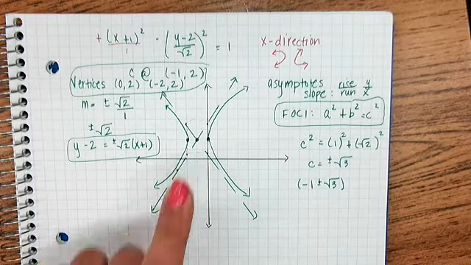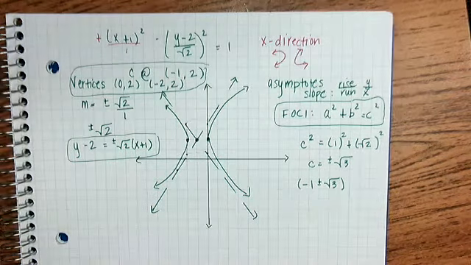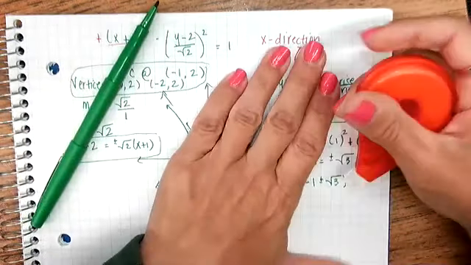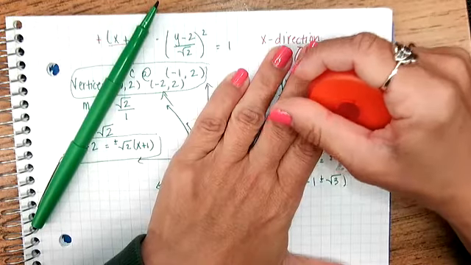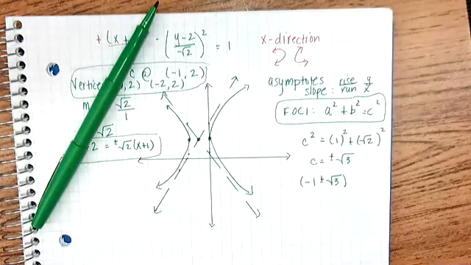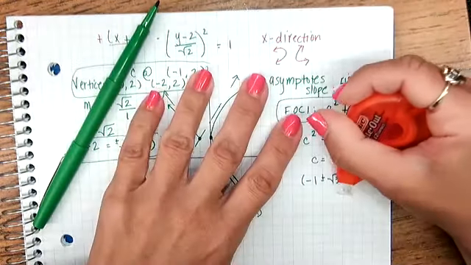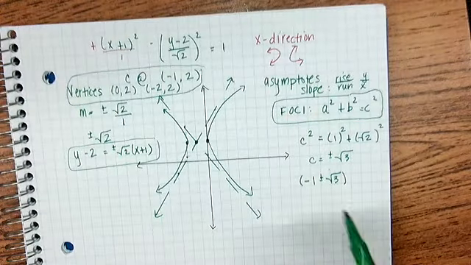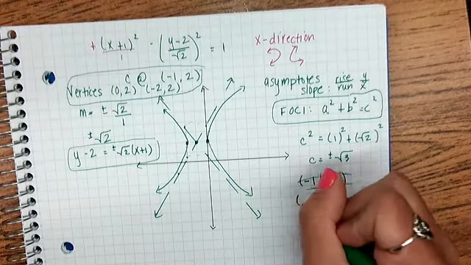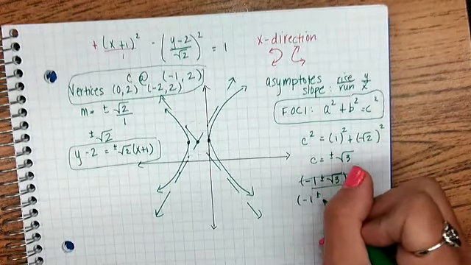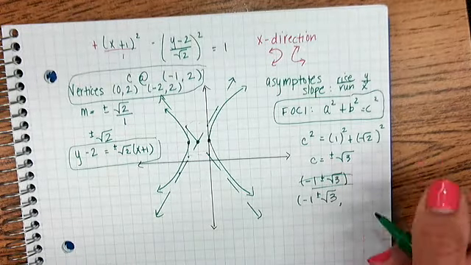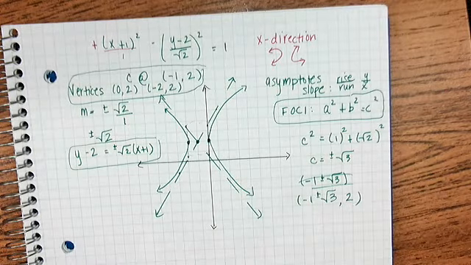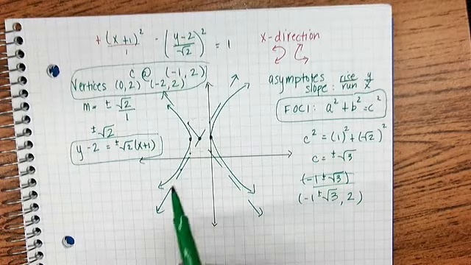Oops, that should not be a parenthesis there. Of course, it's not working. Sorry. I can't get the whiteout to work. -1 plus or minus root 3, and then the y value of the center is 2. So where do those go?